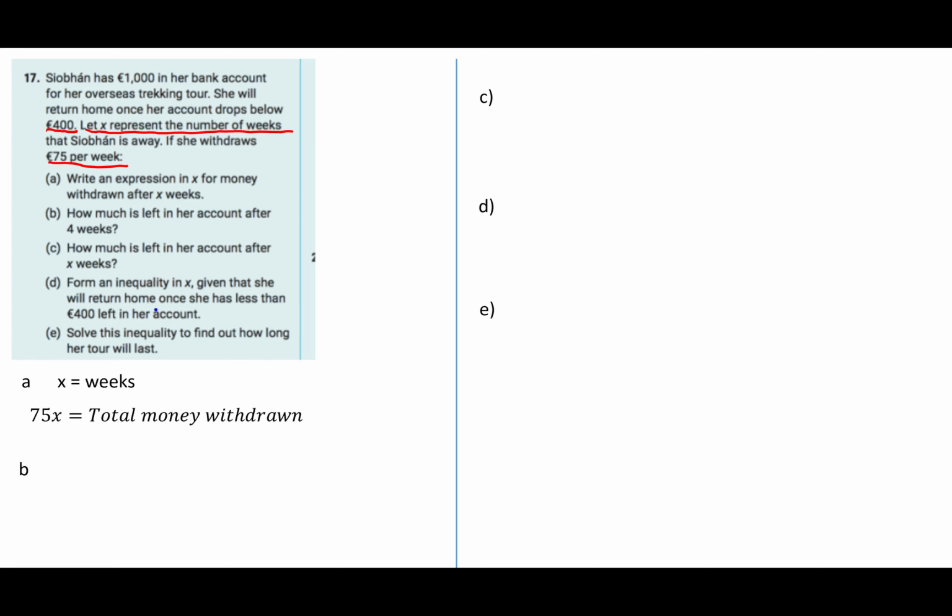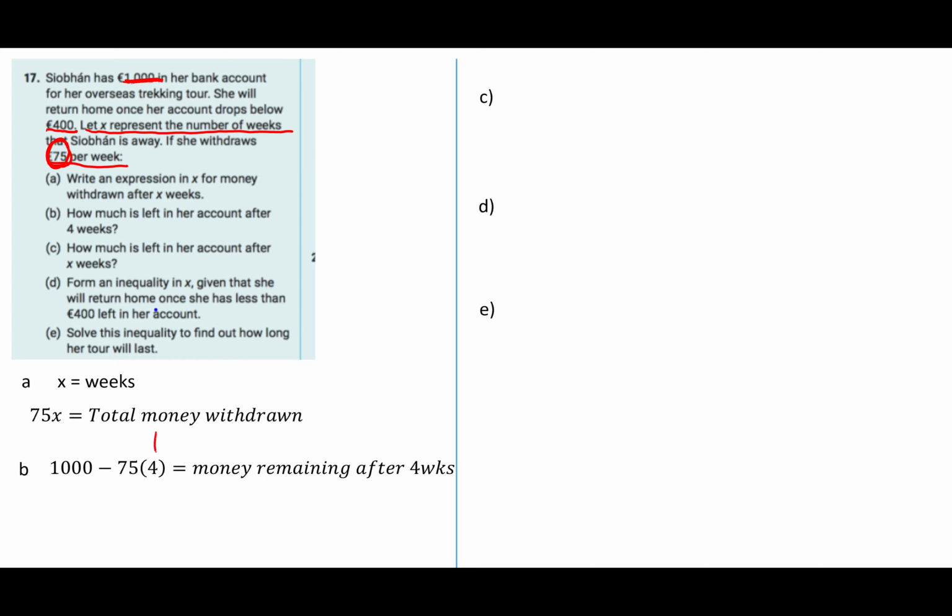Part B. How much is left in her account after 4 weeks? So we want to see how much she has remaining after 4 weeks. If she starts off with €1,000 and each week she withdraws 75. So to find the amount remaining, it's €1,000 minus 75 times 4.